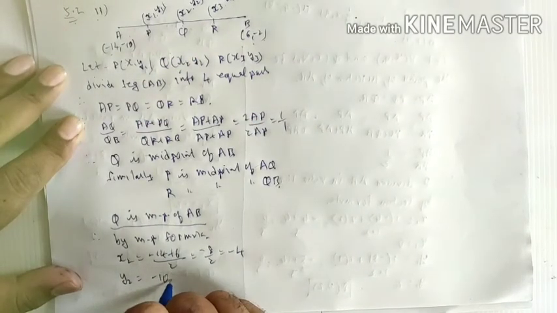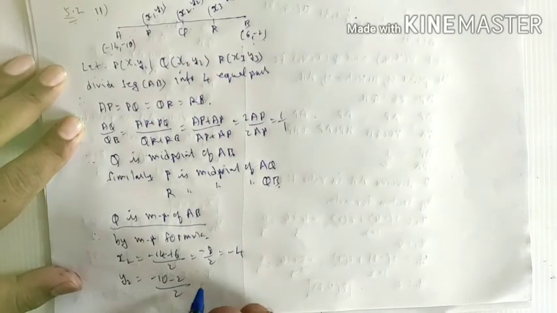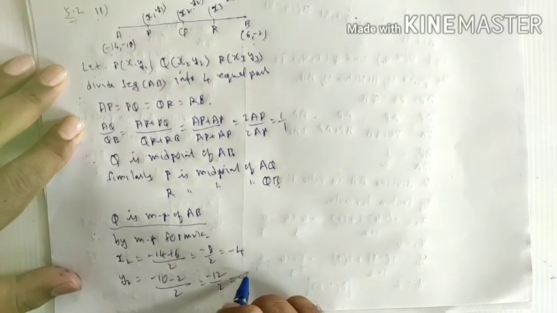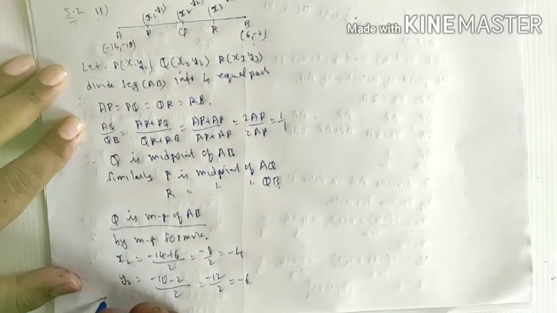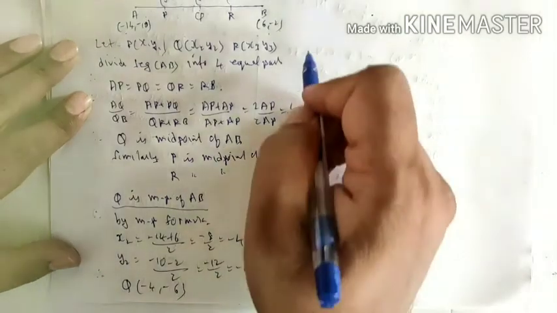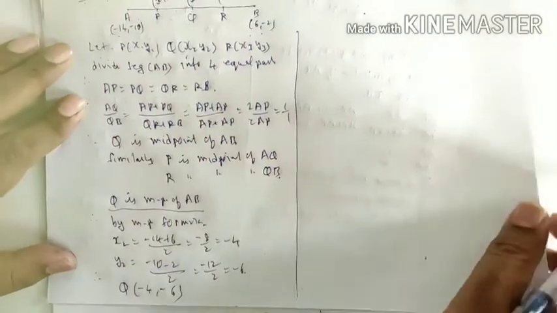Minus 10 minus 2 upon 2, which is equal to minus 12 upon 2, which is minus 6. Therefore, what are the coordinates of Q? Coordinates of Q are minus 4 comma minus 6. We got the coordinates of Q.